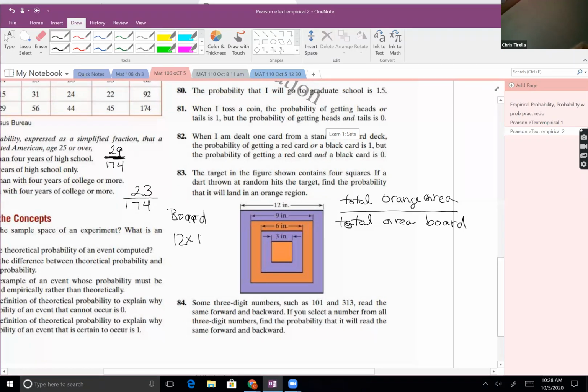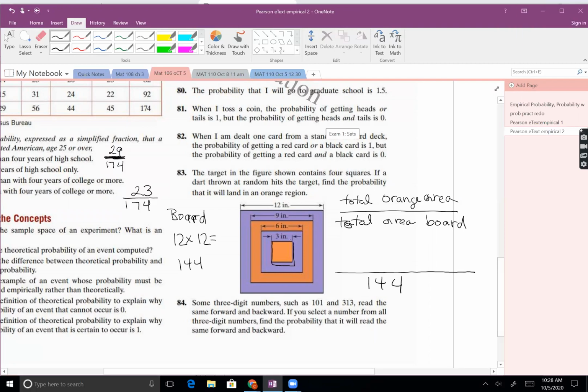Area is length times width, so that would be 12 times 12 or 144. So this denominator is 144. How much of it is orange? Does everybody see 2 orange parts?